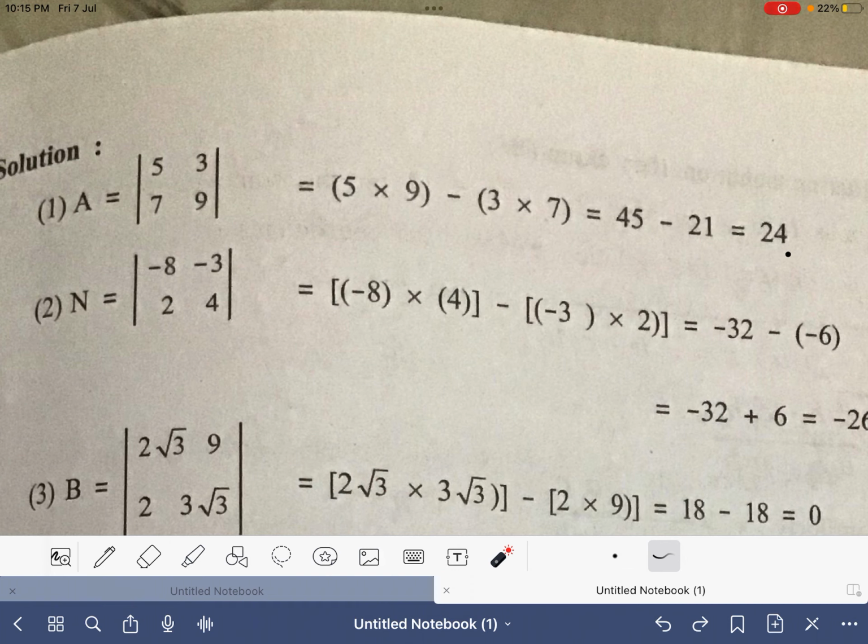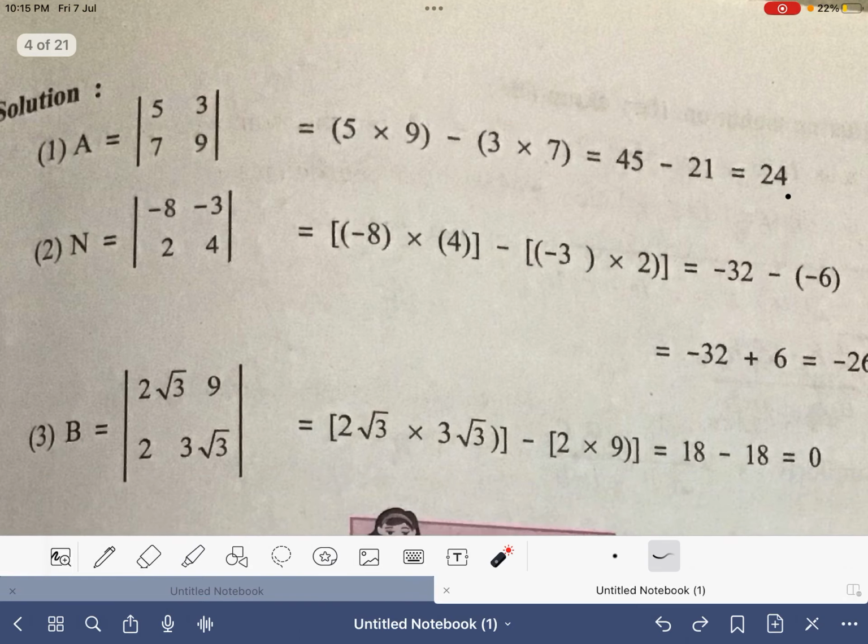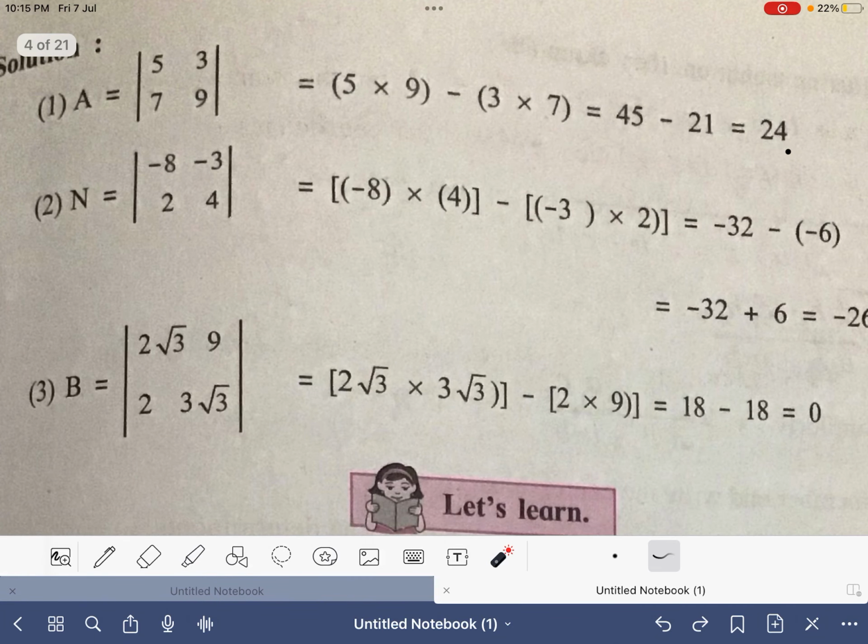So next question, 2 root 3, 9, 2, 3 root 3. Okay, so here we have to solve the determinant, and we have to find out the value of the determinant.